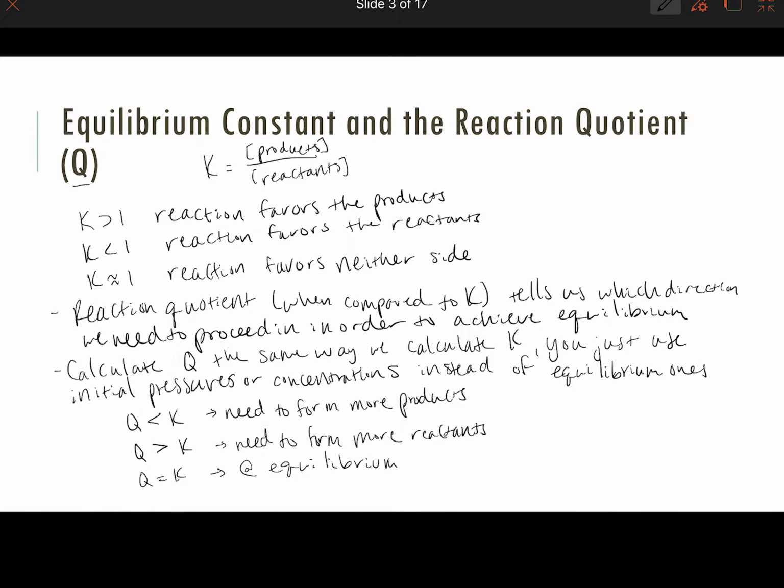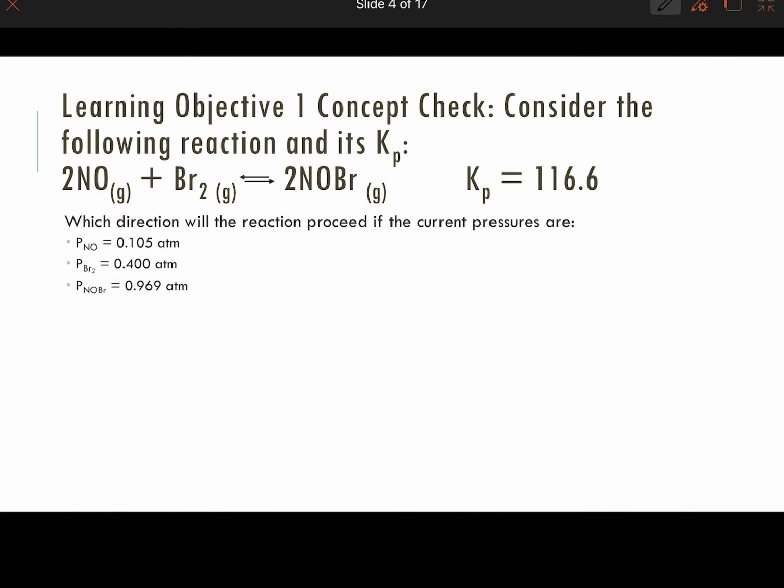So let's look at how we would use this. So we've got the following reaction. NO plus Br2 goes to NOBr. So if we were to solve for Kp for this, we'd have NOBr squared divided by NO squared times Br2.